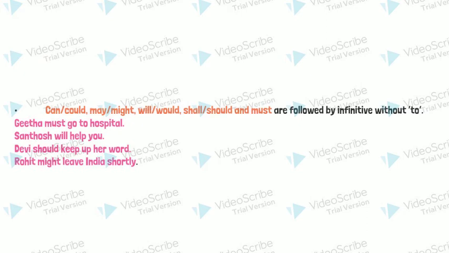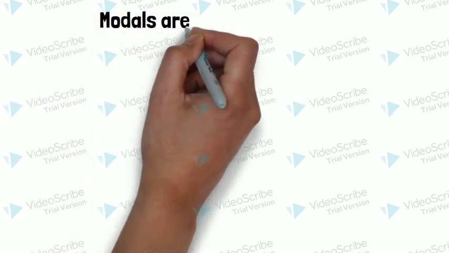Must is the modal. Santosh will help you. Here will is the modal. I didn't use to, because to is the infinitive word. So we should not use to after these modals. Devi should keep up her word. Rohit might leave India shortly. These are examples without to after the modals.